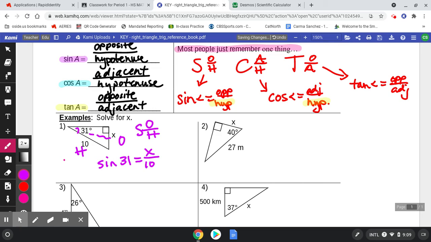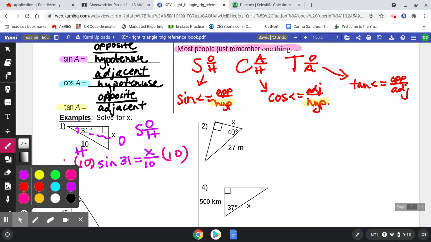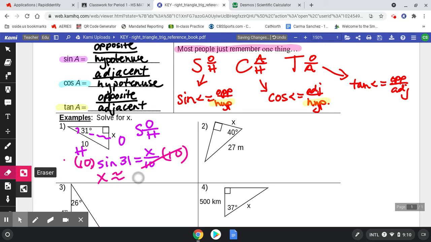In order to solve for x, I need to get rid of this denominator by multiplying both sides by 10. So what I actually plug into the calculator is 10 times the sine of 31, and when we typed that in, we got 5.15 units. Okay, let's try the next ones and see if you start to pick it up.